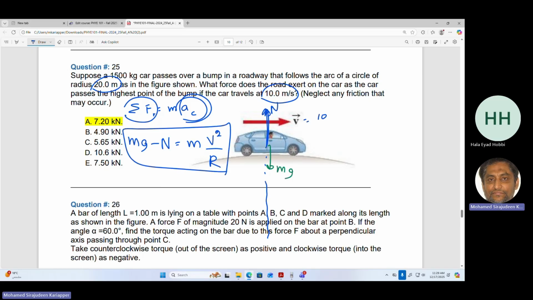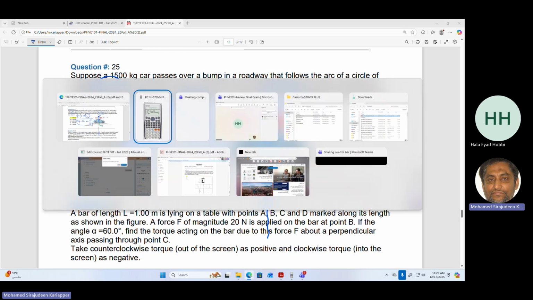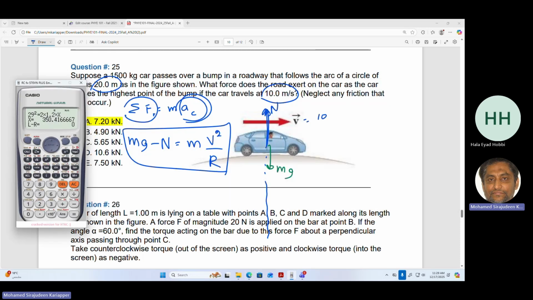Now I've got the equation, Newton's second law for this uniform circular motion. We know everything here except what he's asking, N. So just solve it. Once you know your equation is correct, bring out your calculator and then substitute.